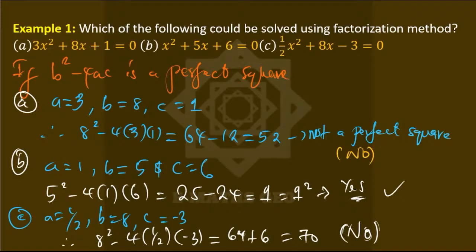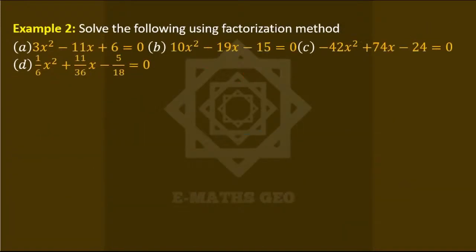Now we know whether a quadratic equation will be solved by factorization. So let's now solve by factorization. Look at the second example. It says solve the following using factorization. They already know that it's factorizable.